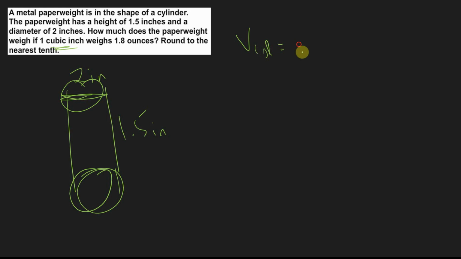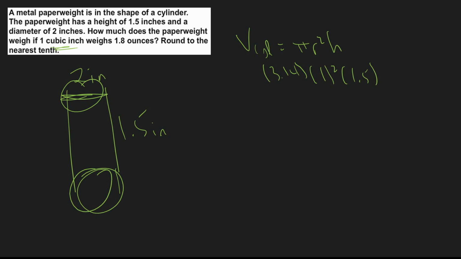So the volume of my cylinder, again, is pi r squared h. I'm going to plug in 3.14. My radius is going to be 1 because that's half of 2. And then my height is 1.5. So pull out your calculator again, and I'm going to get 3.14 times 1 times 1 times 1.5.